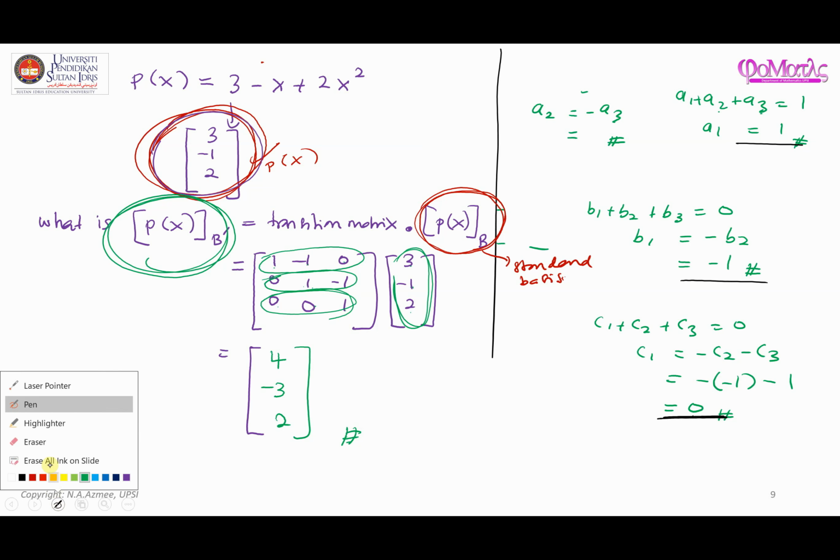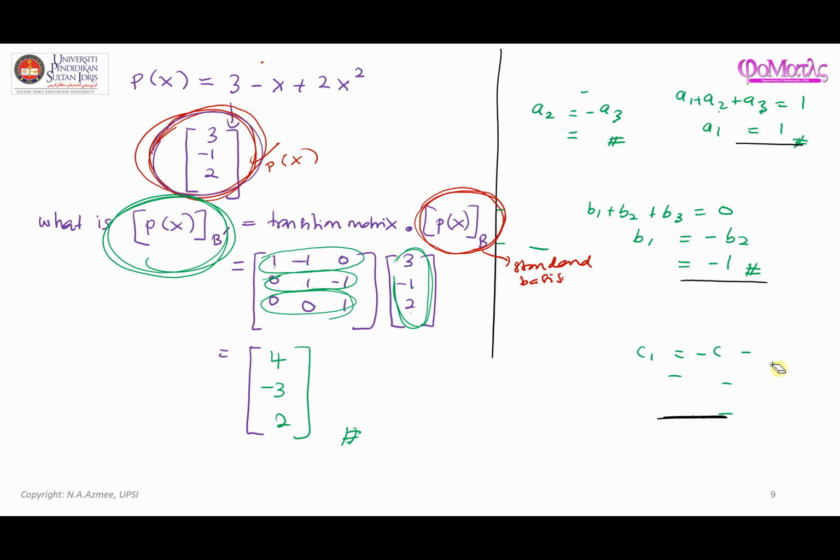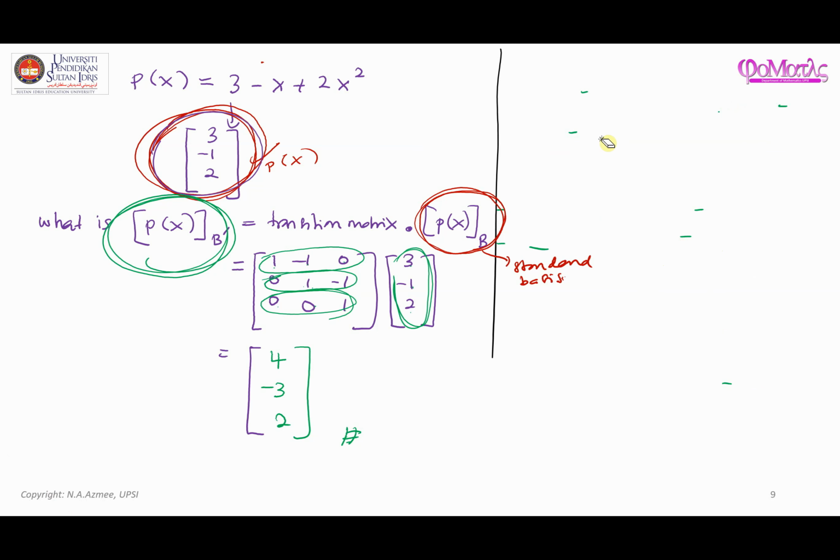Now let me just tell you what it means when we have 4, negative 3, 2. So when we have this, remember what this stuff is.